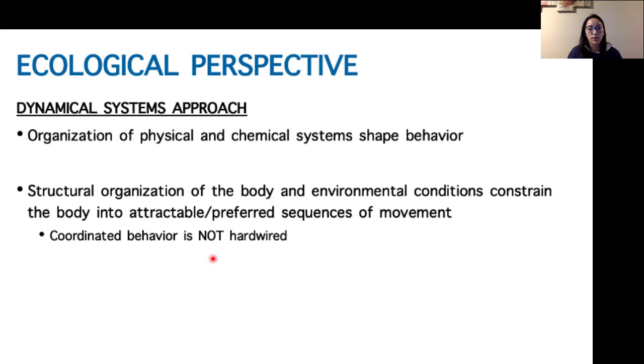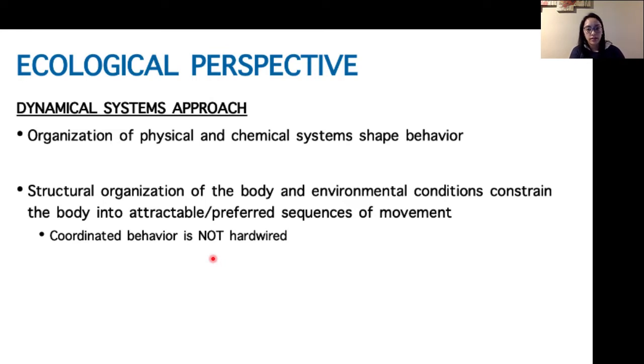So Kugler, Kelso, and Turvey, there's three of them, I can't count. They are thought to be some of the primary contributors to the development of this theory in the early 1980s, with influence from Nikolai Bernstein, who had more prominent work in World War times through the 50s and 60s.